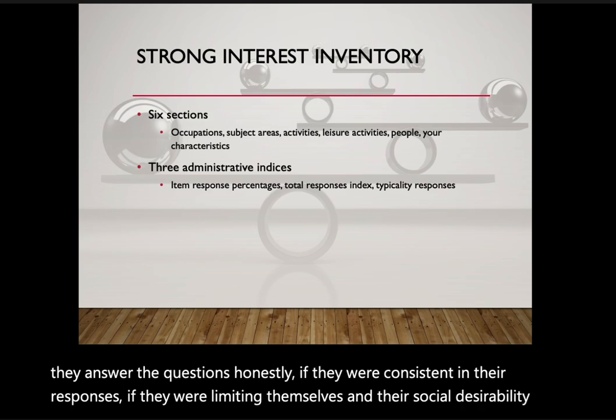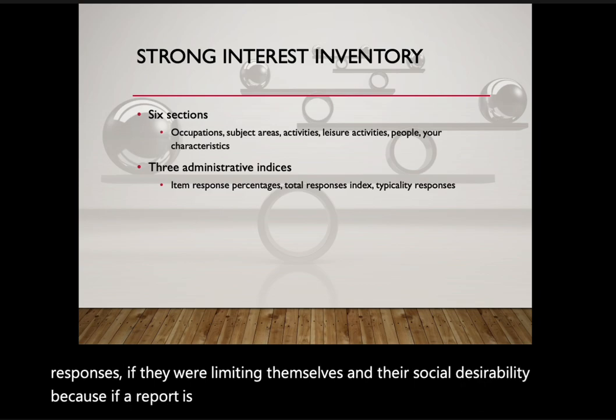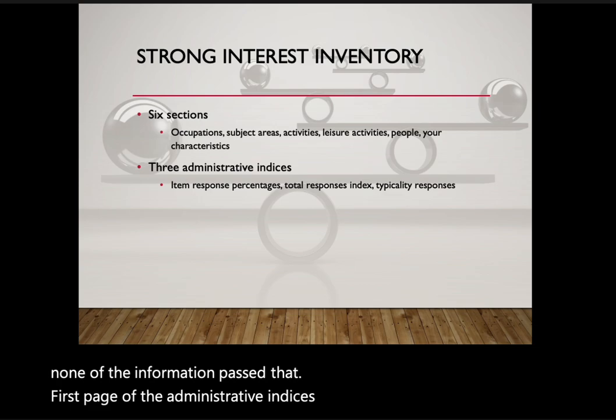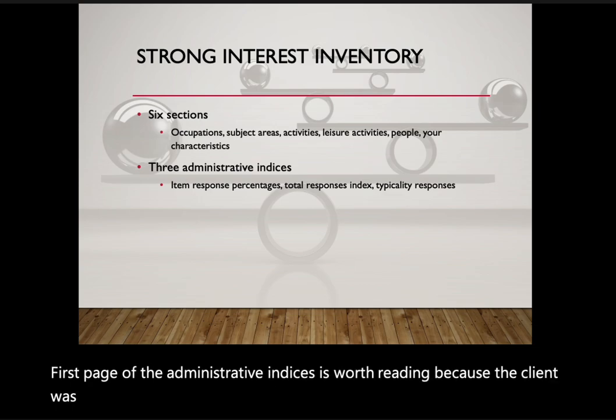Because if a report is invalid based on these administrative indices, then none of the information past that first page of the administrative indices is worth reading because the client wasn't truthful.